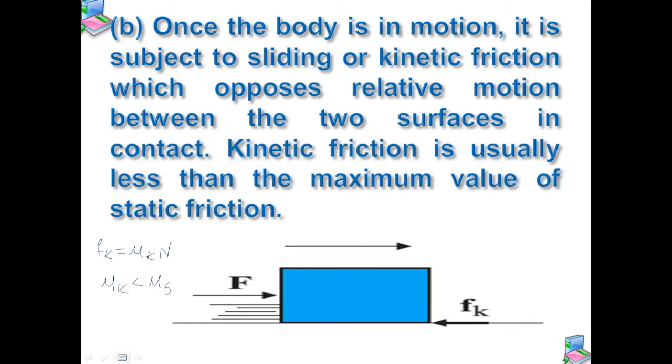When relative motion has begun, the acceleration of the body according to the second law, once the motion has started, will be F minus Fk by m. For a body moving with constant velocity, F is equal to Fk. If the applied force on the body is removed, its acceleration is minus Fk by m, and it eventually comes to a stop.